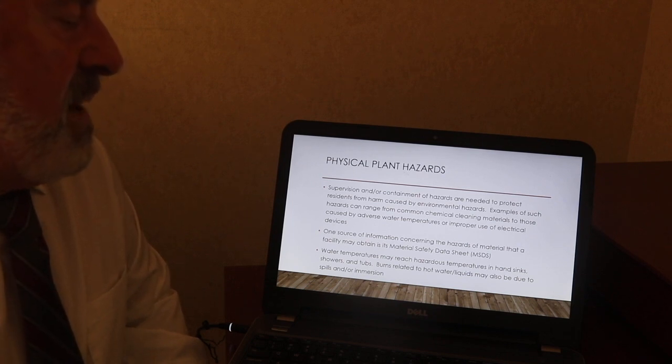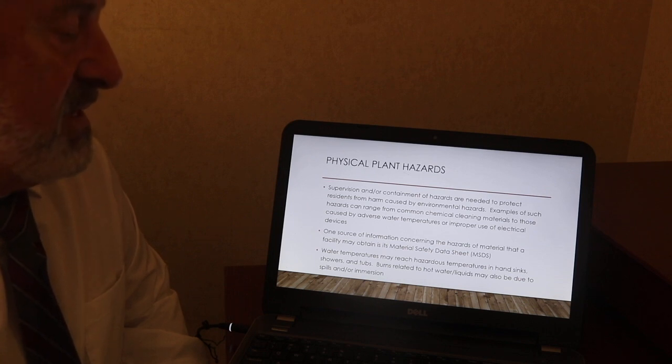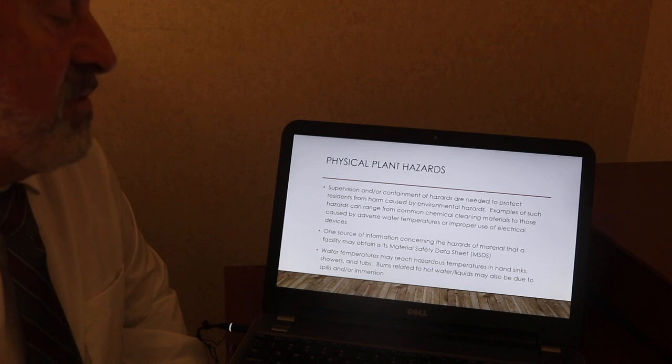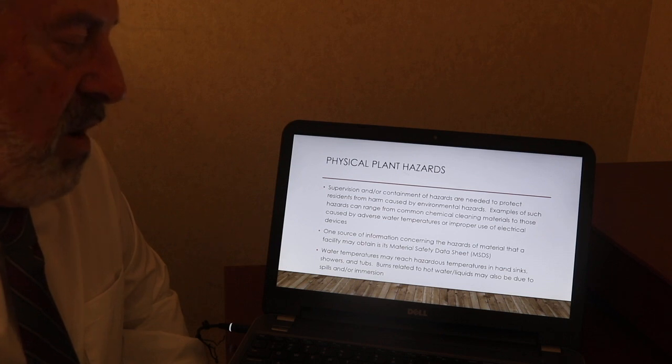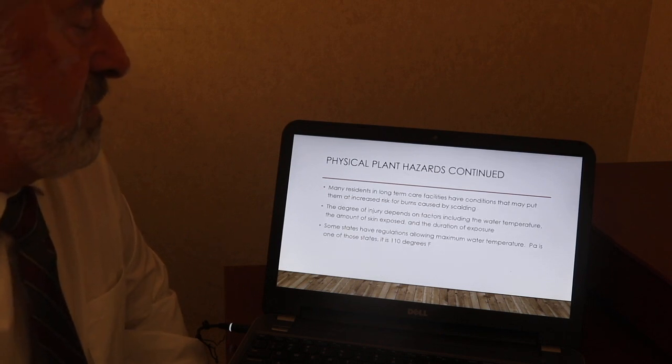One source of information concerning the hazards of material that the facility may obtain is in your material safety data sheets. Water temperatures may reach hazardous temperatures in hand sinks, showers, and tubs. Burns related to hot water liquids may also be due to spills and/or immersion.